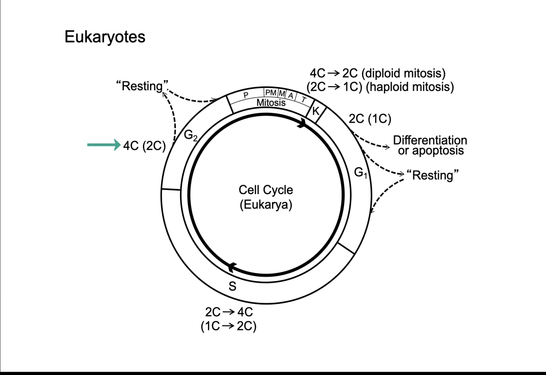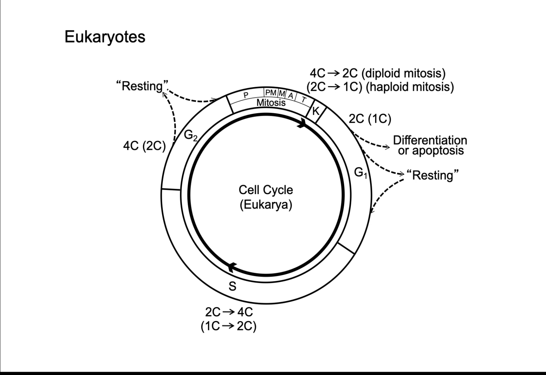And in G2, then you're a tetraploid already, and then go into mitosis: prophase, prometaphase, metaphase, anaphase, telophase, and then K is for cytokinesis. So then you're reducing the number of chromosomes and reducing the amount of DNA in each nucleus by half to return to the diploid nucleus.